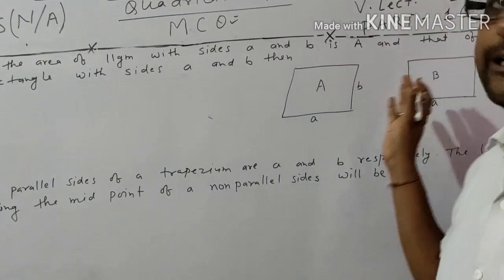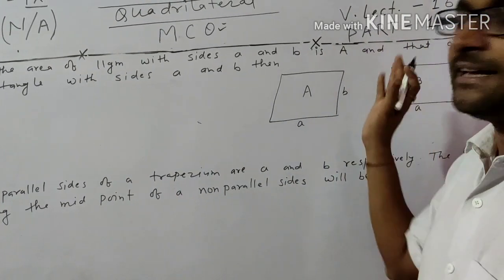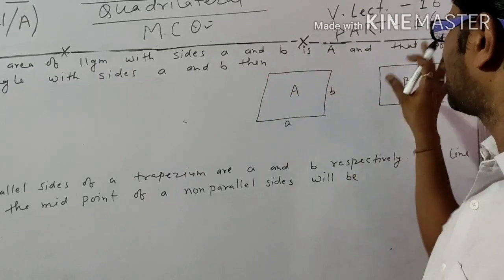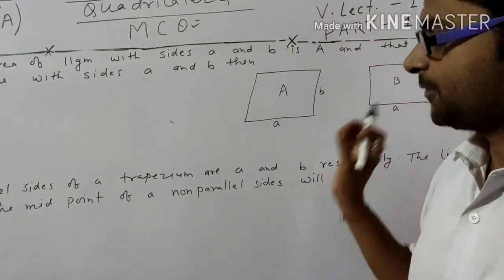If A and B are equal, A is greater than B, A is less than B, and what is the relation between parallelogram as well as rectangle? Okay, student.